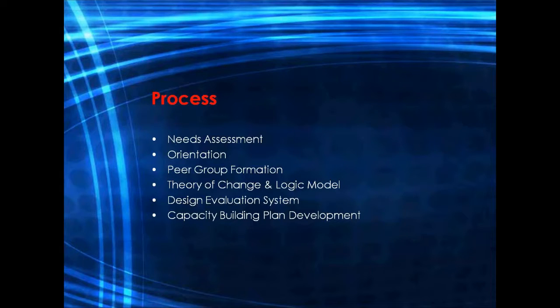Then, in order to assess if the program is running effectively, that's the capacity building program, they'd have to pre-develop an evaluation system. And then they'd actually go ahead and develop the capacity building plan. That's the typical process.